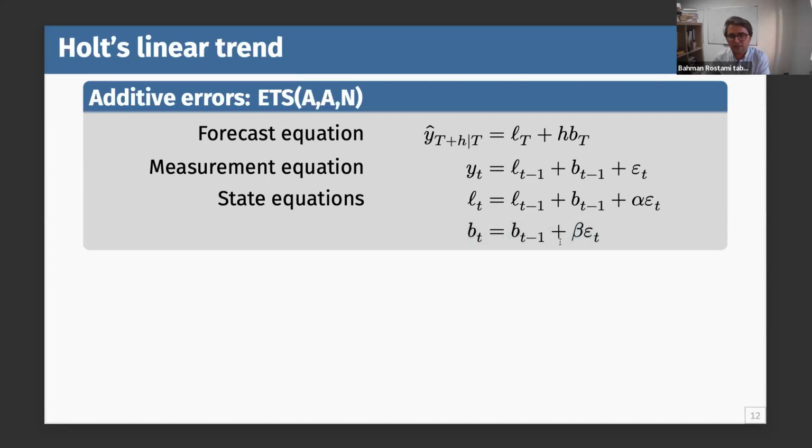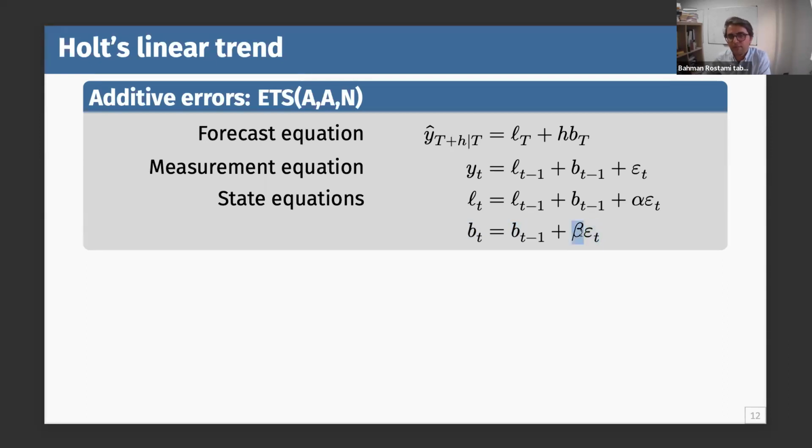Here, as you can see, we get a new equation that corresponds to the trend. So trend at time t equals what we have in the previous period plus beta times epsilon t. Again, epsilon t is the same, follows the normal distribution as before.